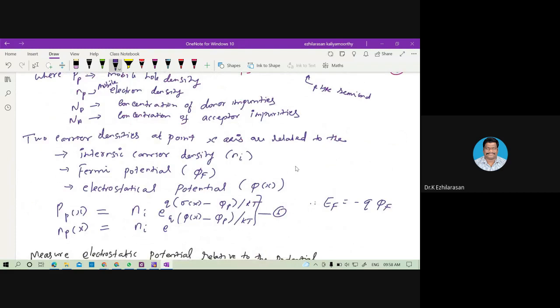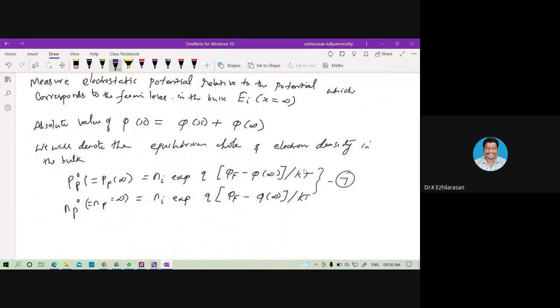By mistake I wrote 6. This is 7 actually, then below will be 8. Now substitute the equation number 7 in 6.